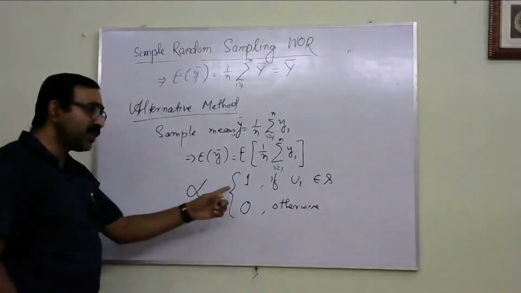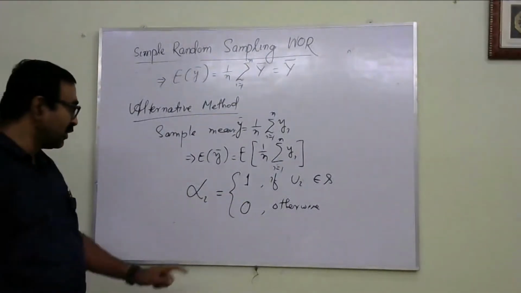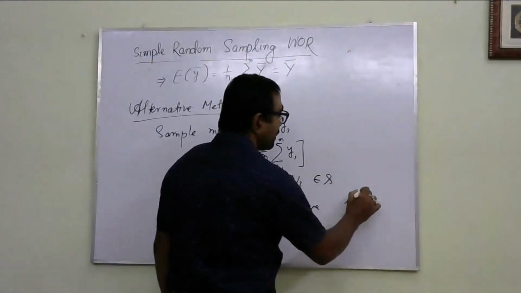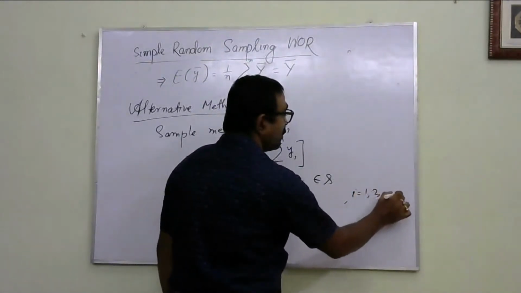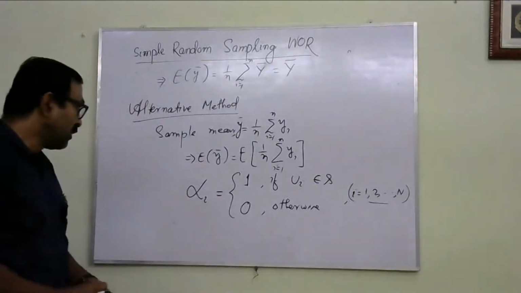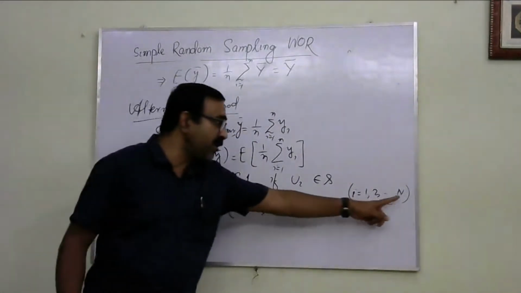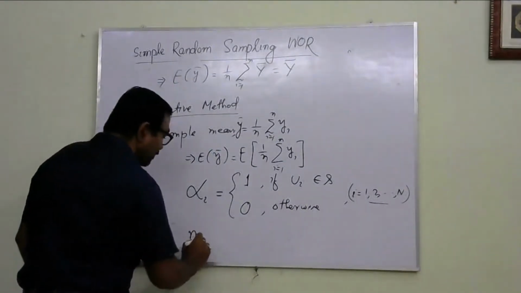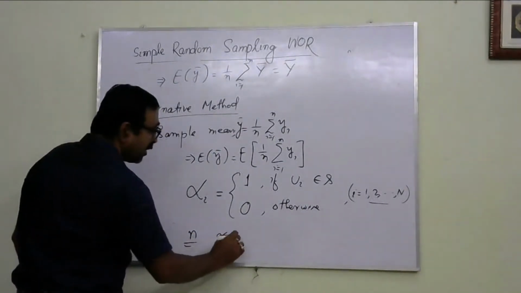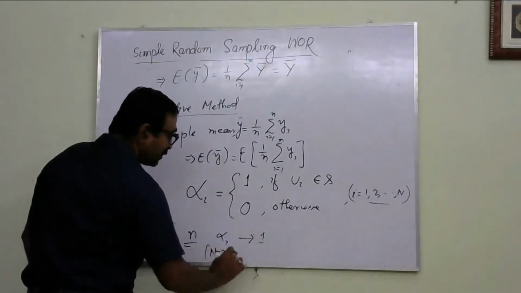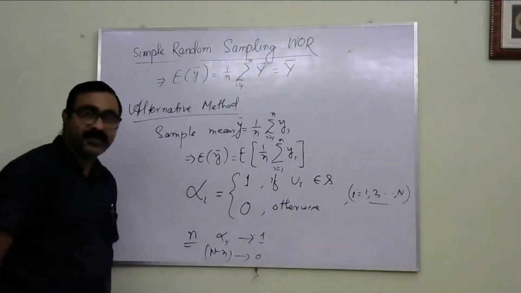If the ith unit is not selected in the sample, the value of alpha i equal to 0. So this is for i equal to 1 to capital N. So for capital N number of units of the population, exactly small n values of alpha i are 1 and the remaining capital N minus small n values are 0.